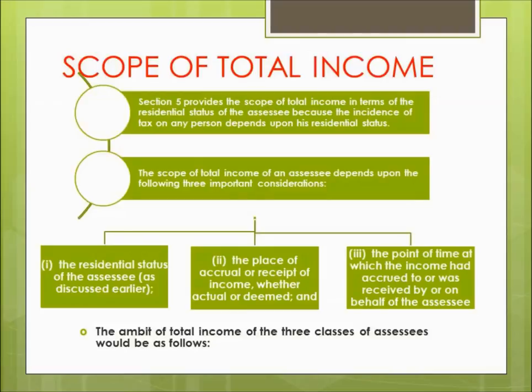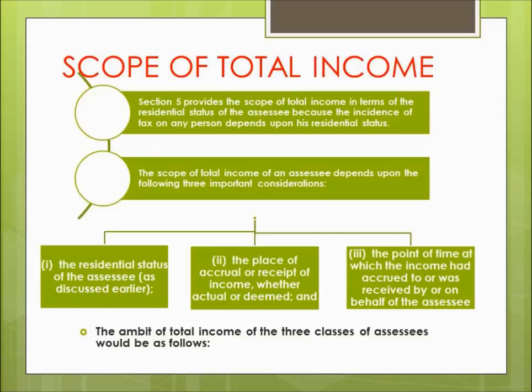The scope of total income. Section 5 of the Income Tax Act provides the scope of total income in terms of the residential status of the assessee, because the incidence of tax on any person depends upon his residential status.